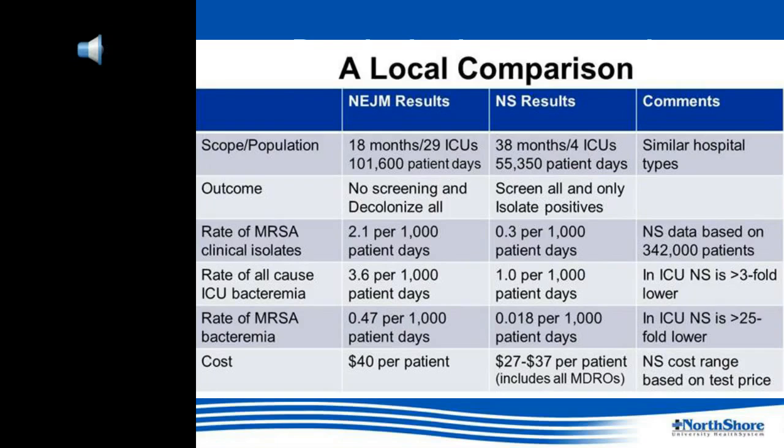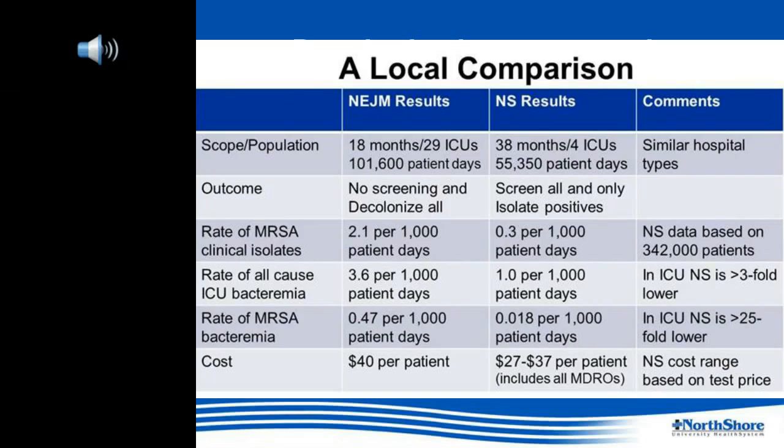You can see that we looked at almost 50% of the number of patients, 55,000 patient days compared to 101,000. And the New England Journal was no screening, but decolonizing everyone. We were screening everyone and only isolating positives. The rate of MRSA clinical isolates was about 7-fold higher with universal decolonization.